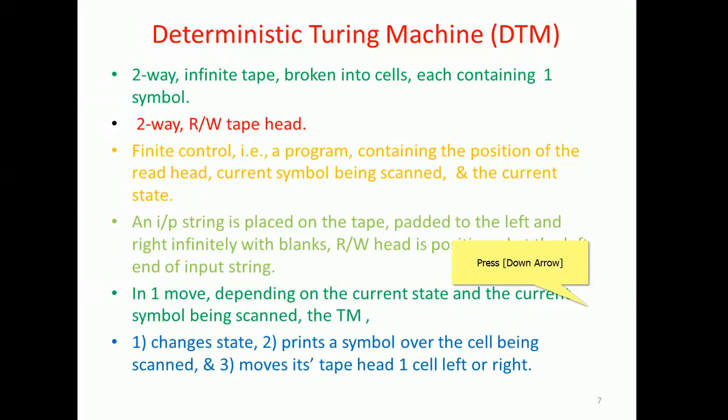So changing the state, displaying that character, and moving left or right: these three happen in one move, with respect to the current state and current input, which play a vital role in deciding these three outcomes recorded in the Turing machine. Many modifications are also possible.